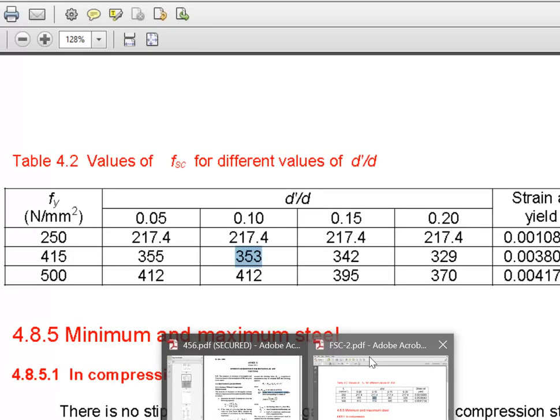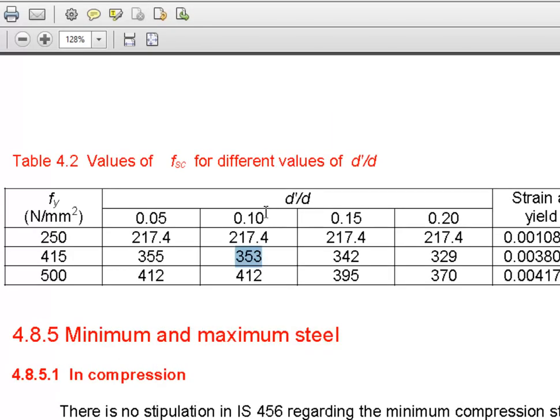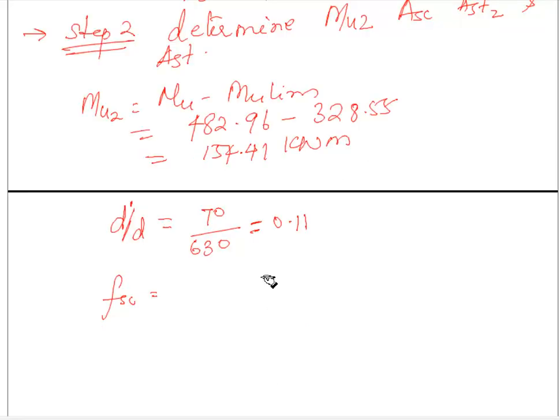By linear interpolation we get FSC equal to 350.8 Newton per mm square. Please find this value by linear interpolation from that table.